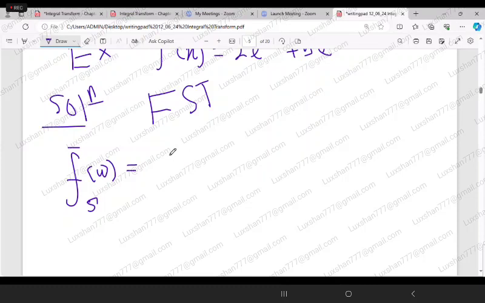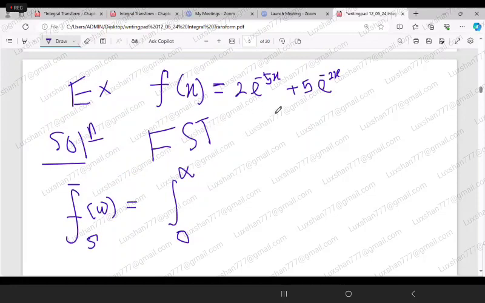It is equal to the integral from 0 to infinity of f of u, where f of u is my function. Let me write that before I substitute the value. This is equal to f of u into sine omega u.